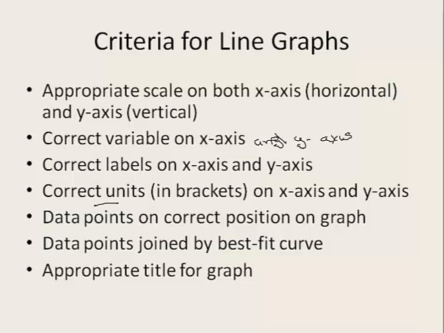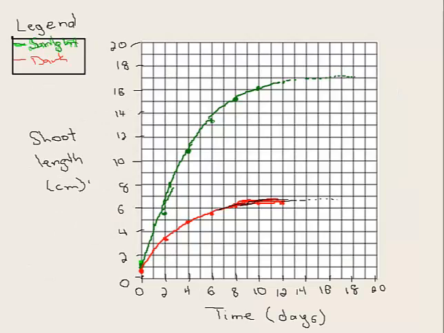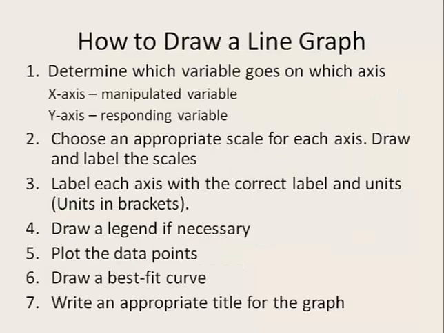We put the correct units in brackets, and remember our units, here's our labels, shoot length and time, and our units are centimeters for shoot length and days for time. We needed a legend, so we drew a legend. We plotted the data points. We drew our best fit curve, and now we have to write an appropriate title for our graph.